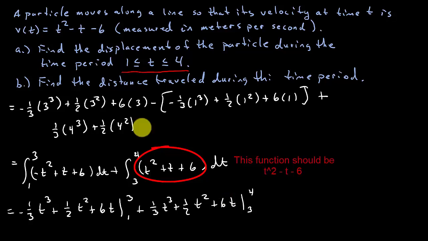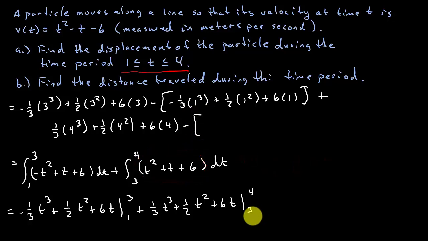And then the 4 in here, so plus 6 times 4. And then minus, and then I've got to plug the 3 in to here. So basically wherever there's a 4, I'm putting the 3. So that's going to be 1/3 times 3 cubed plus 1/2 times 3 squared plus 6 times 3.